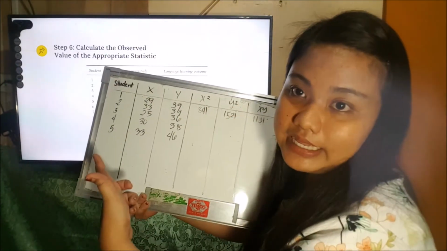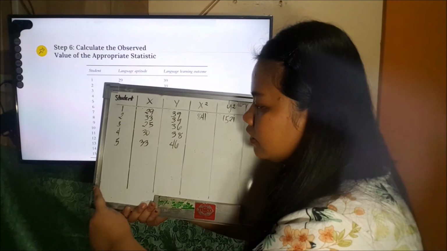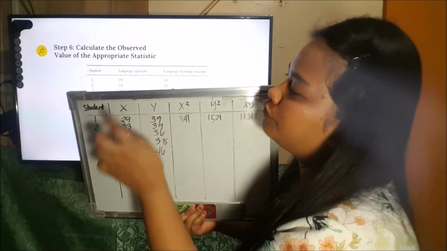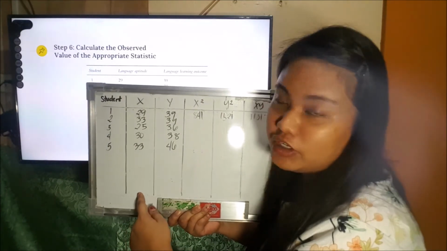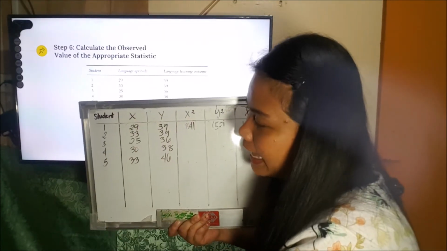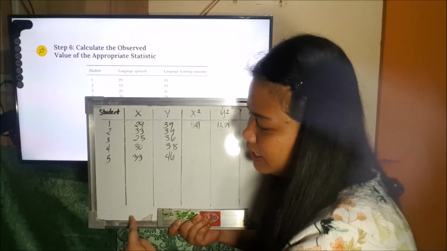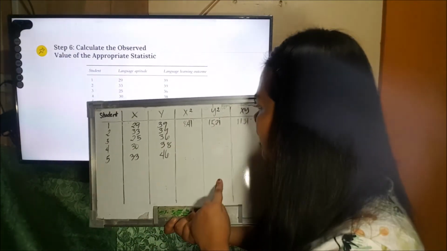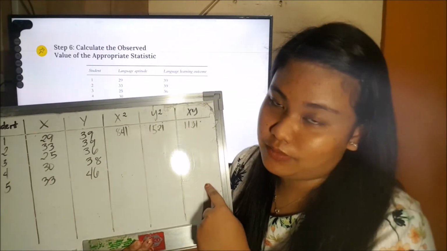So after completing it, okay, you have to put the summation of each column. So you put in here the summation of x, or the sum of all the values in x, all the values in y, summation of x squared, summation of y squared, summation of xy. Okay?